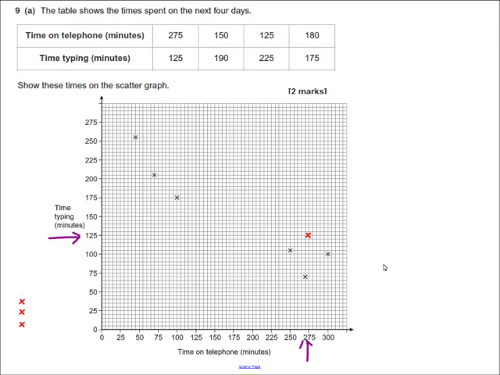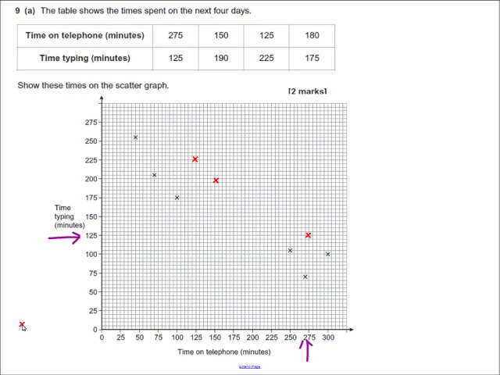Same for the second one, 150 on the x-axis, so we go along to 150, and up to 190 on the y-axis. So 150 roughly here, 200 roughly there. The third point, 125 on the telephone, and then up to 225 on typing, roughly there.